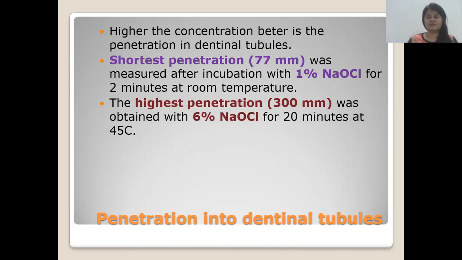If the concentration is increased up to 6% and the application time is around 20 minutes, the highest penetration is seen, around 300 micrometers, at a temperature of 45 degrees centigrade. So as the concentration increases, the penetration also increases, and the contact time is also very important to achieve more penetration. It means it has the property to reach the accessory canals where normal mechanical cleaning and shaping doesn't reach.